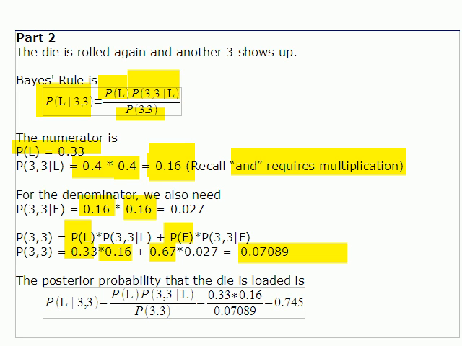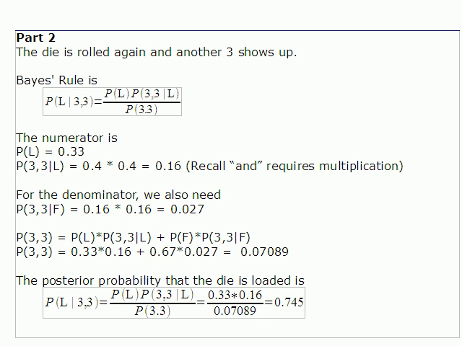So here's a calculation. Probability it was loaded, 1 in 3. Probability a loaded dice would give you 2 3s, 0.16. Divided by the probability you would get 2 3s anyway, and the end result is 74.5%. Okay, so let's look at the situation.